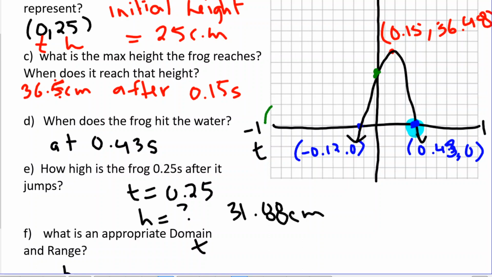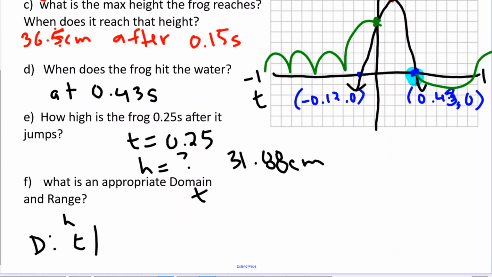But he probably hopped his way up to the rock and he didn't follow that black parabola that we had sketched. And when he hits the water, he's probably going to swim off and then jump back up onto land. So we actually only care about the segment of this graph from 0 seconds to 0.43 seconds.